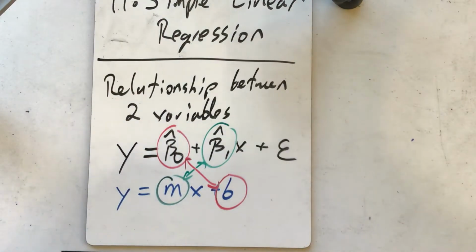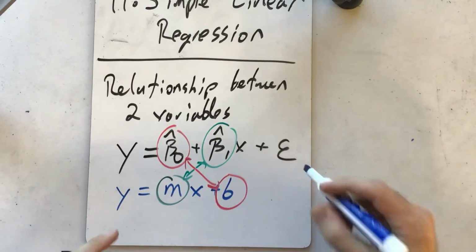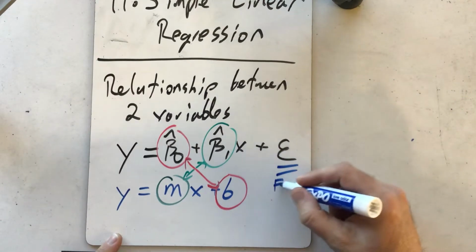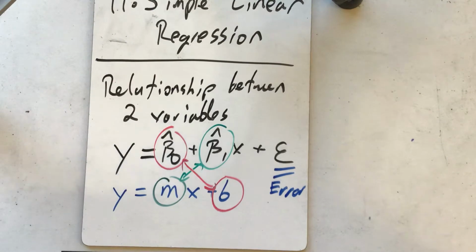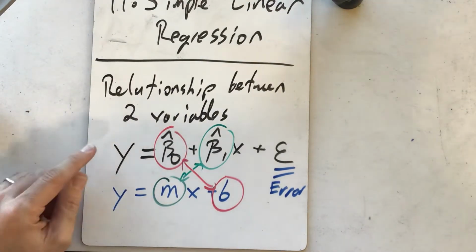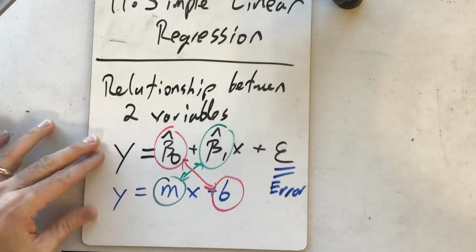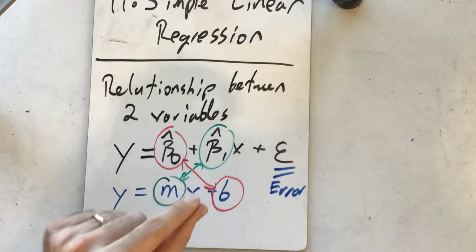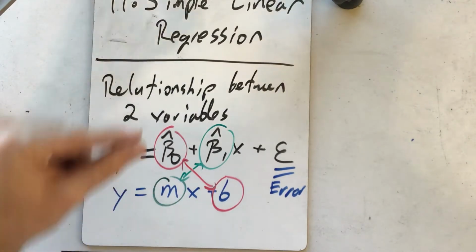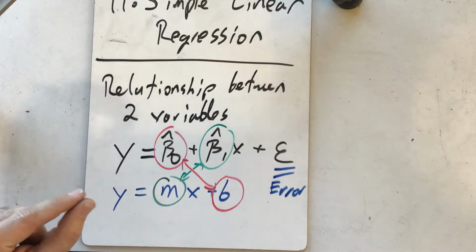Then there's one more term that your book likes to talk about, and it's this epsilon term, and this is what we call the error. That's because for a line, there's a perfect relationship between x and y, and for our equations, there's not. We know that if you increase ad revenue, you also increase your total sales, but we wouldn't expect it to be perfect.